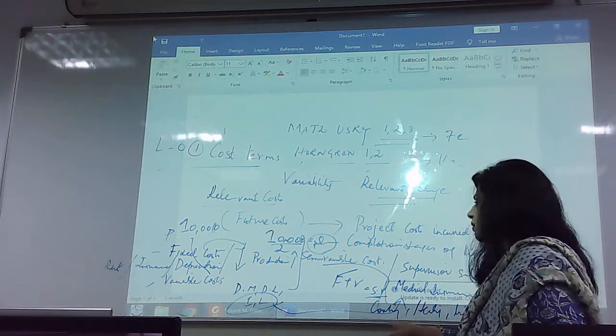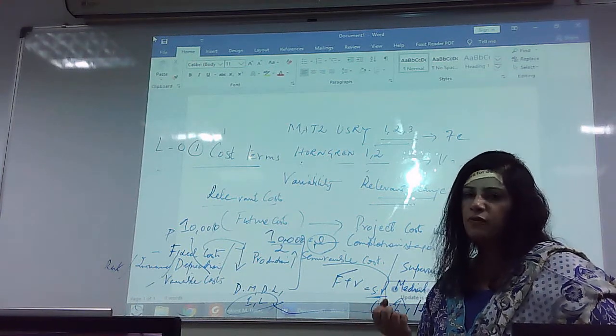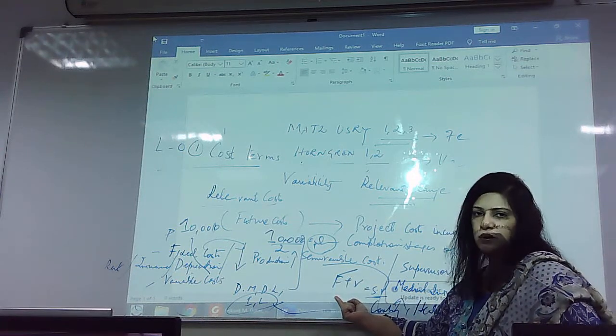Naturally the whole plant has to be switched on, so again there's going to be a fixed cost for that. So that portion would be fixed for semi-variable costs.